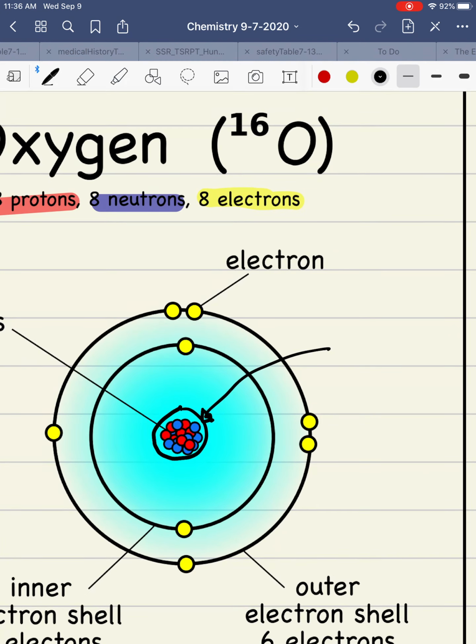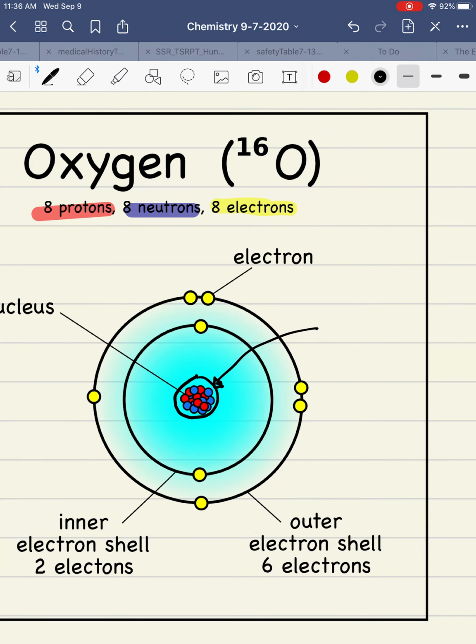So the majority of the mass, we'll call the atomic mass, is adding the number of protons plus the number of neutrons, and that will become 16.